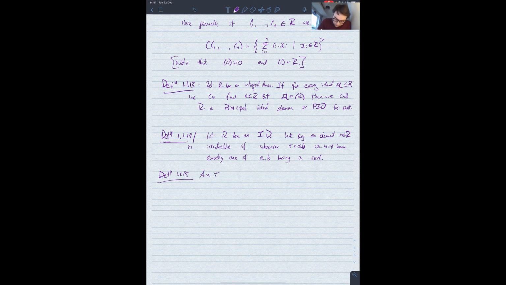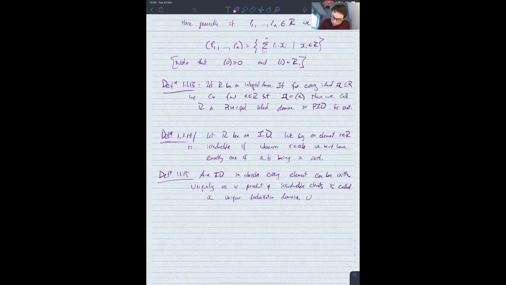An integral domain in which every element can be written uniquely as a product of irreducible elements is called a unique factorization domain.